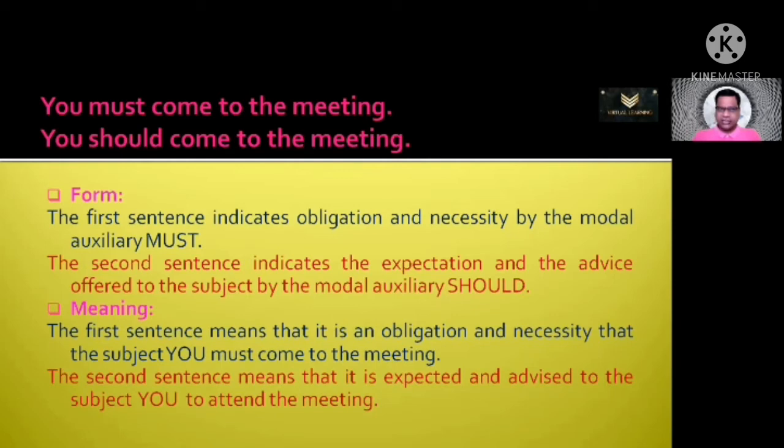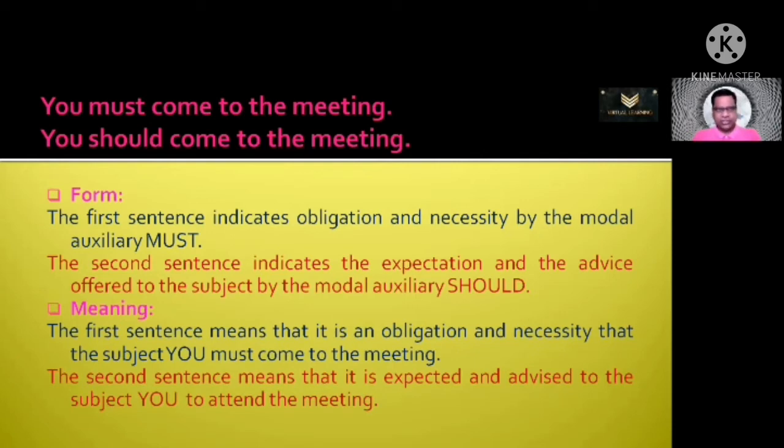Now you look at the meanings of these two sentences. The first sentence means that it is an obligation and the necessity that you must come to the meeting. Okay.